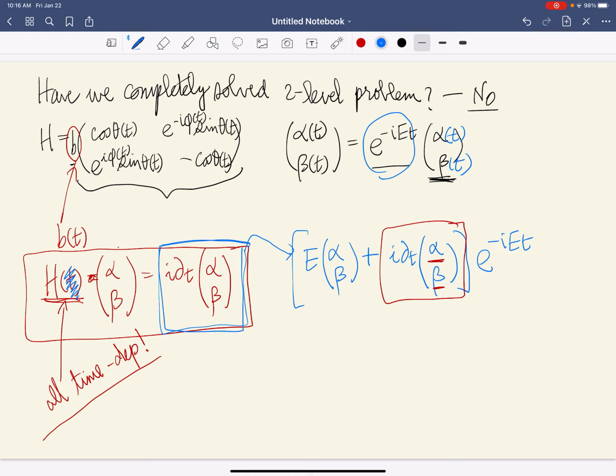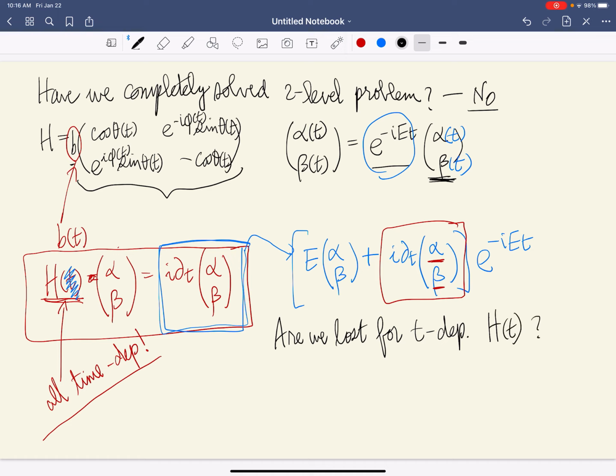So then are we at a loss when it comes to, okay, are we lost for time dependent Hamiltonian?